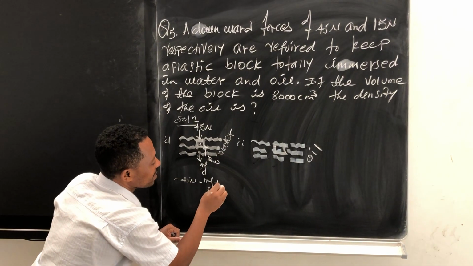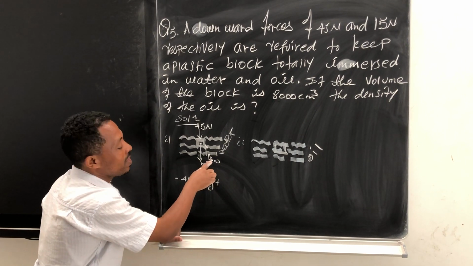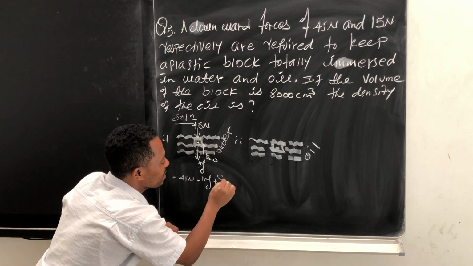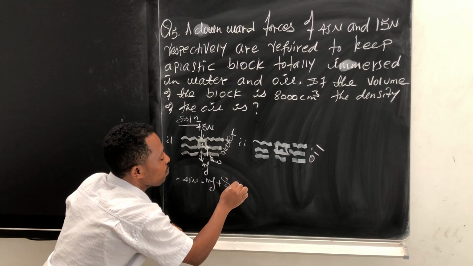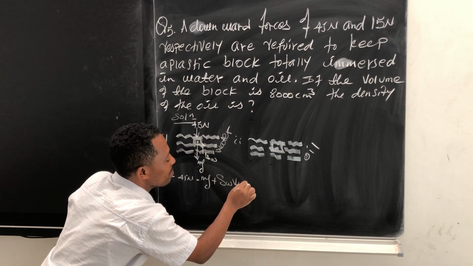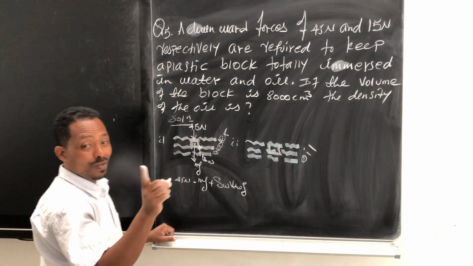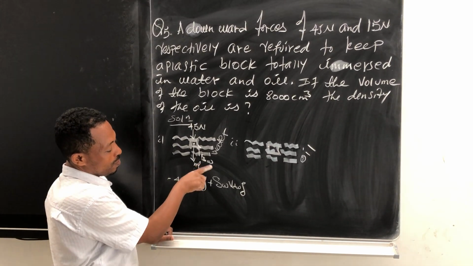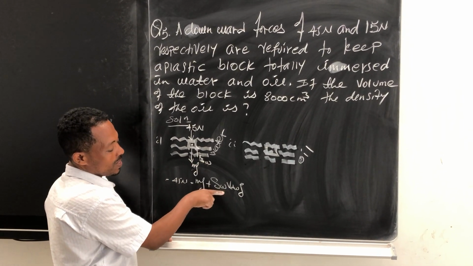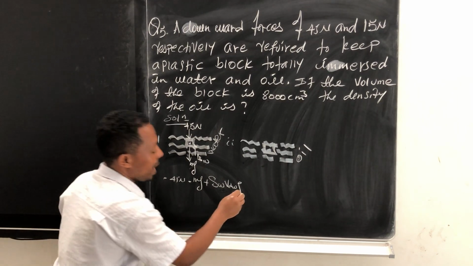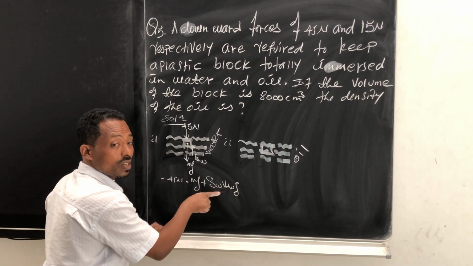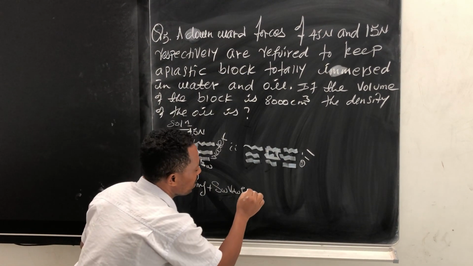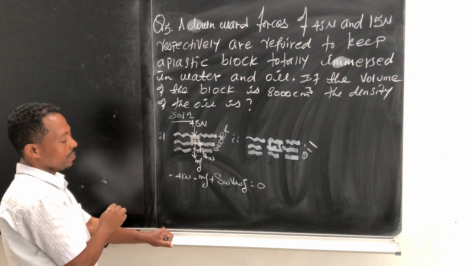And then plus the force of buoyancy within the water, that is the density of the water times the volume of the displaced water times g. But don't forget, the force of buoyancy is equivalent to the weight of the displaced liquid in general. Let this be 0.